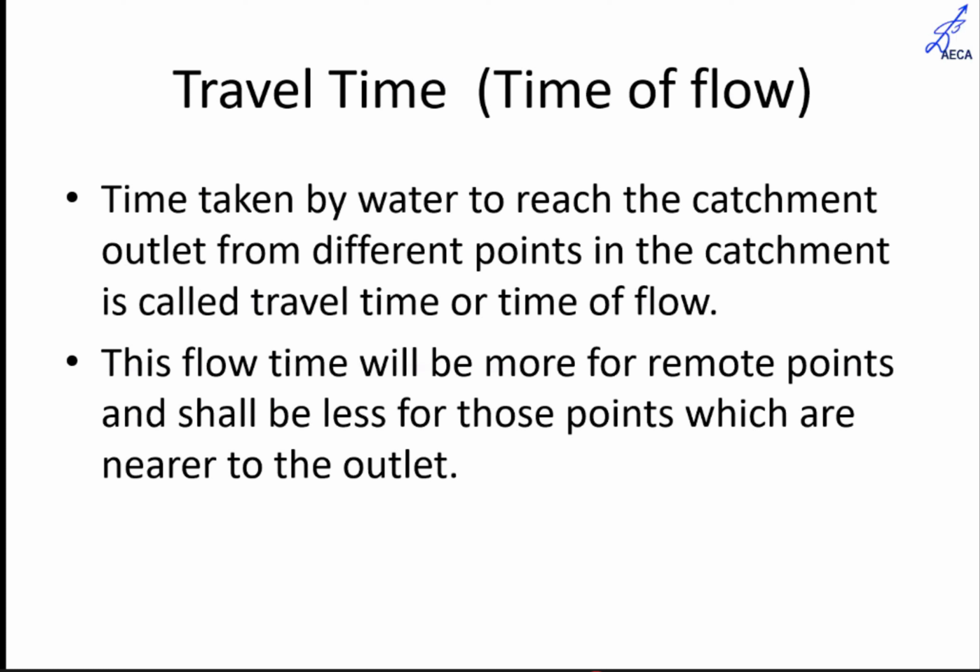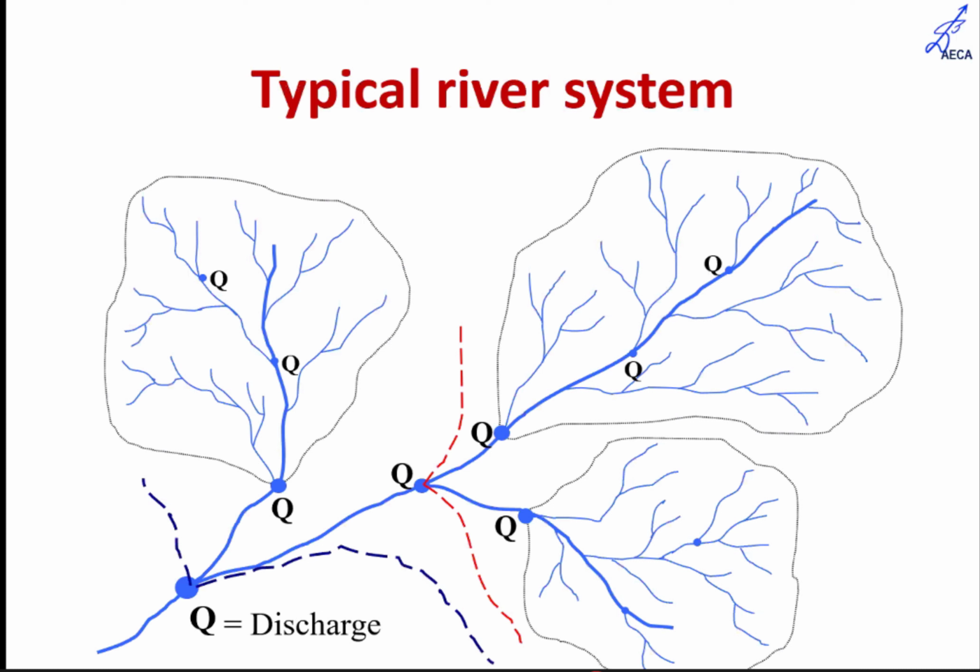This is also sometimes known as the time of flow or the travel time, that is the time taken by water to reach the catchment outlet from different points in the catchment. The flow time for remote points will be more, and for those which are nearer will have a smaller time of flow.